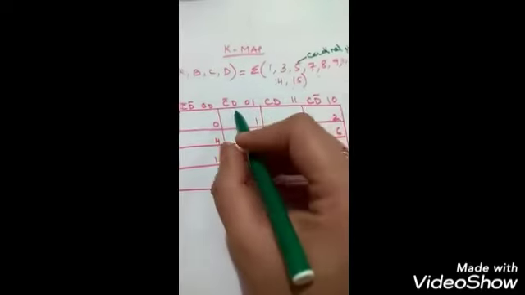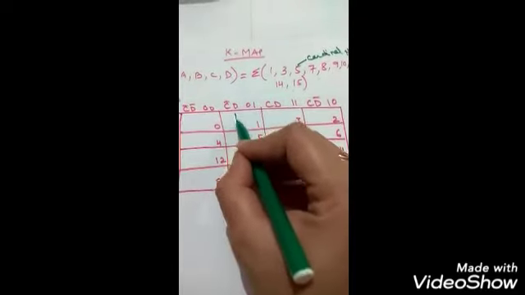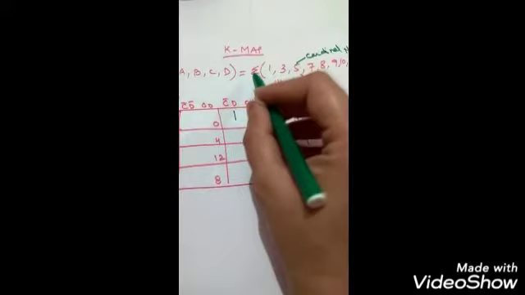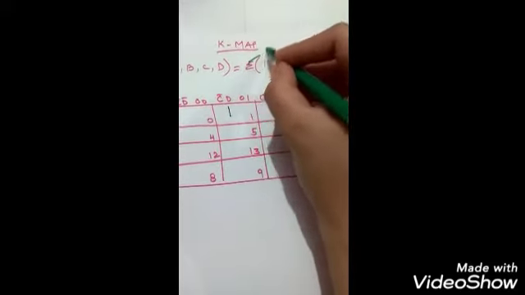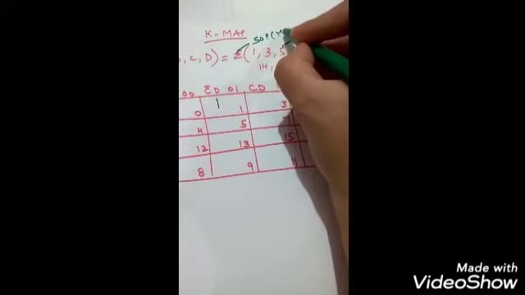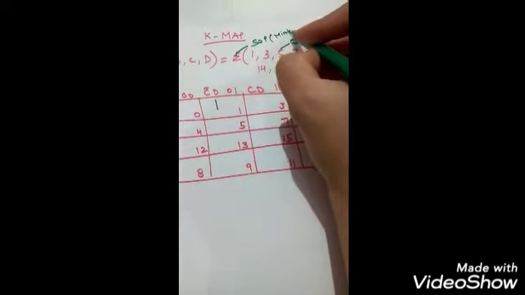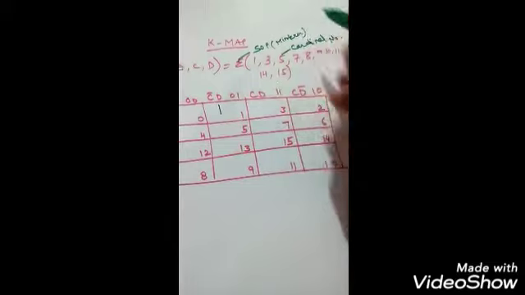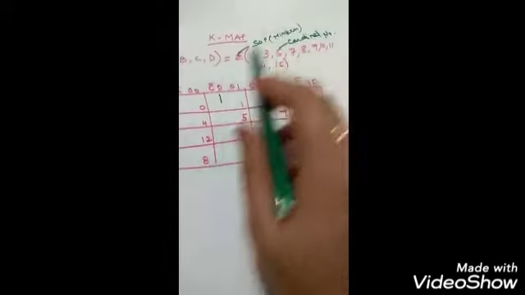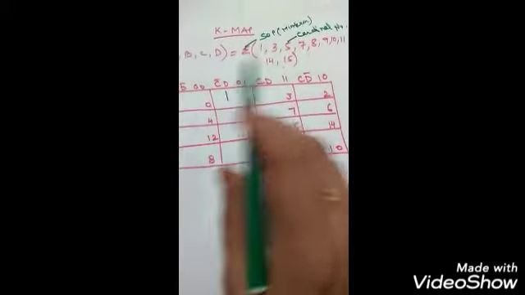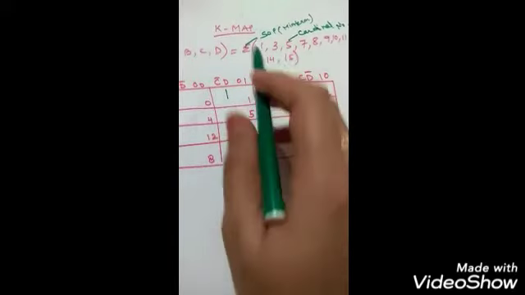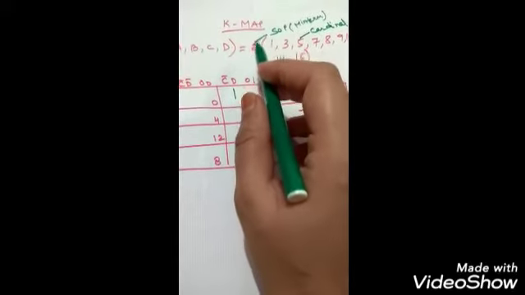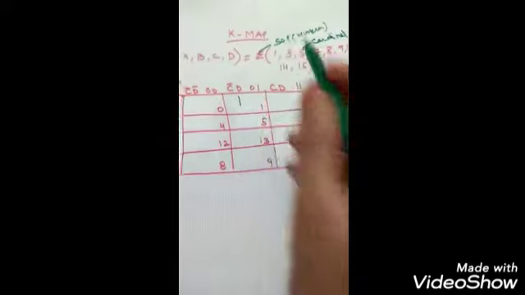So in cell 1 we will mark 1 over here, since this sigma is for SOP, that is min term. In the previous video we discussed that for min terms or SOP expression we write ones, and for POS expression we write 0. And sigma is the sign for SOP expression.